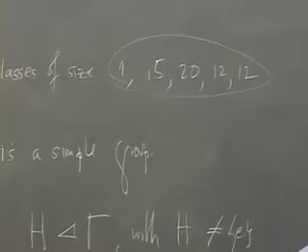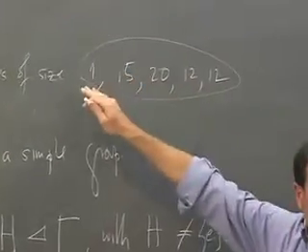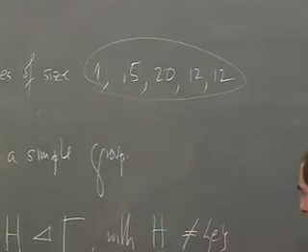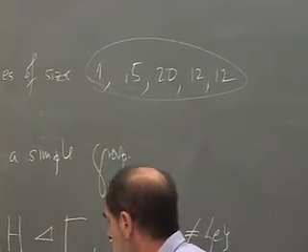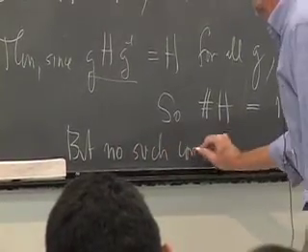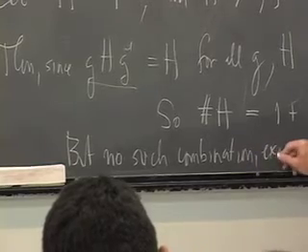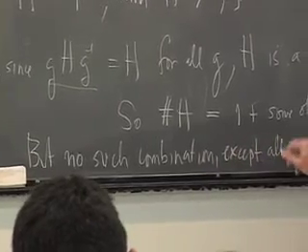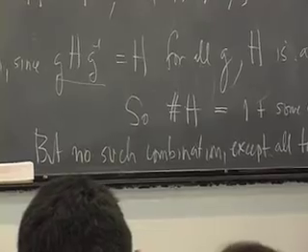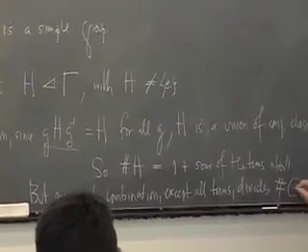But, and here's the kicker, no combination of these terms, except for all of them, divides the order of G, which is 60.